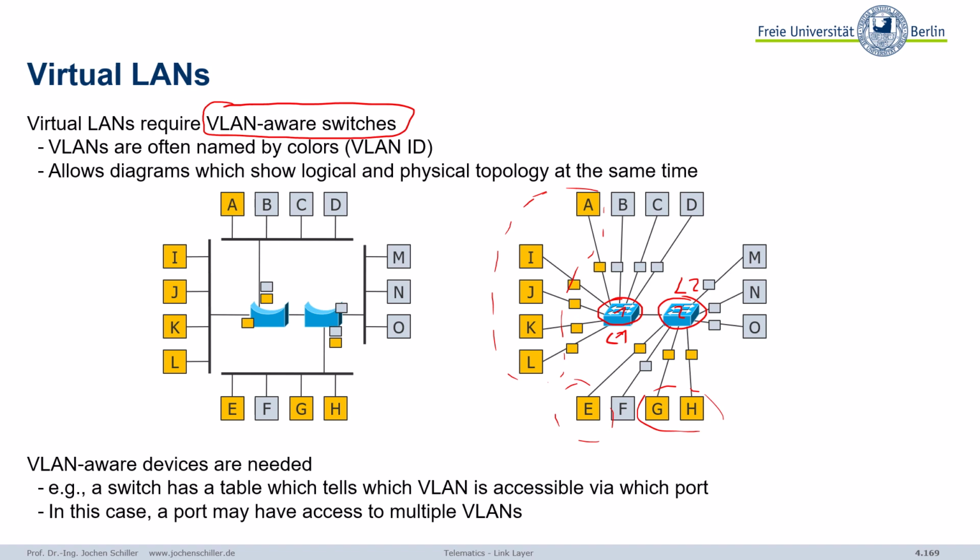So if the gray network in our case misbehaves, this hurts only gray nodes, not orange ones. Even if you have a broadcast storm in the logical gray network, the broadcast will not go over into the orange network. So there's no way on this layer 2 to communicate from one VLAN directly into the other VLAN. So they are separated.